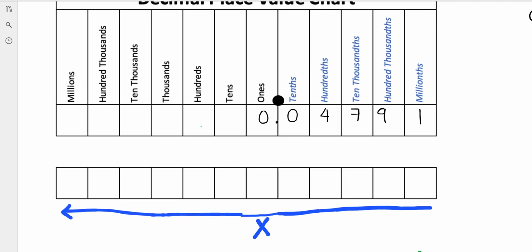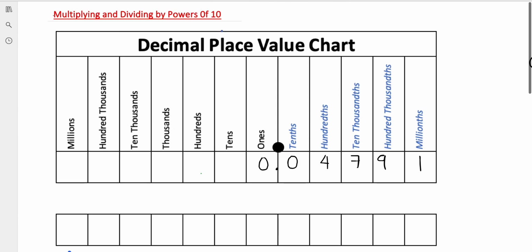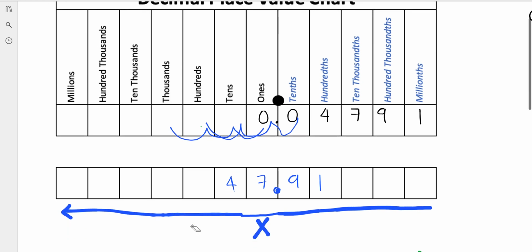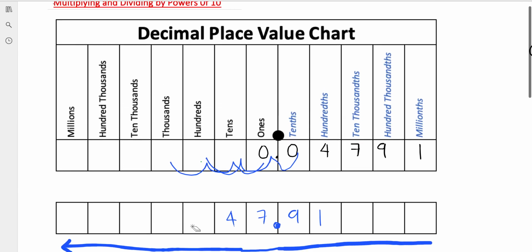So multiplying by 1,000, that means that I have to move to the left 3 times. So 1, 2, 3, 0. 1, 2, 3, 0. And actually you can write the rest of the digits because they are all in the same order. Agree? And my decimal place remains in the same point. I don't need these ones because they are not placeholders. And my answer is 47 and 91 hundredths.